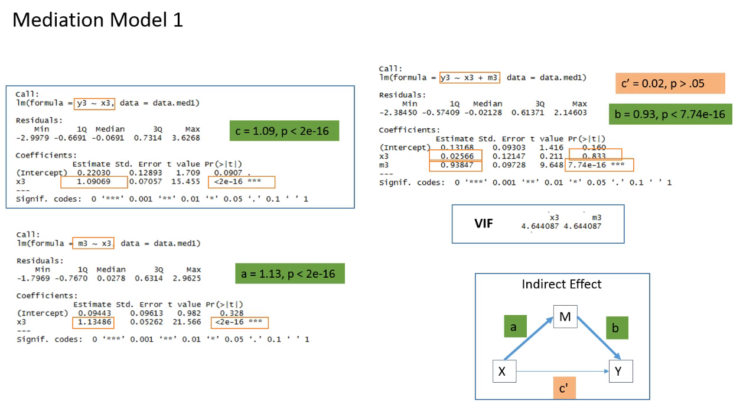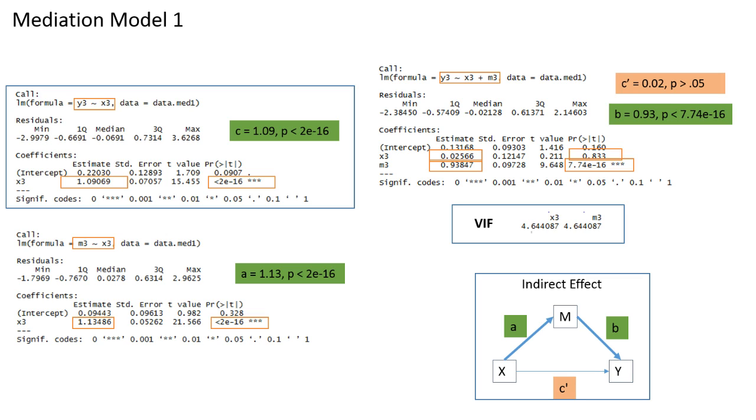The second step is to test for path A, which is how the independent variable affects the mediator. The third step is to test for path B and C prime, running a regression with X and M predicting Y to show that the mediator actually affects Y. I know that for some folks the first step may not be necessary, but in these models, I have gone through all 3 steps that Baron and Kenny suggest.